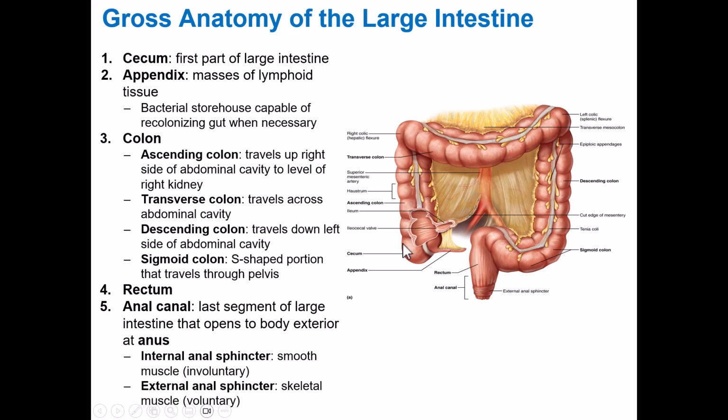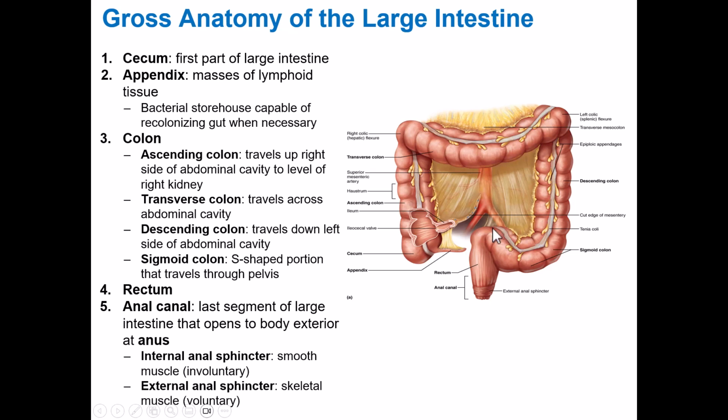Okay, the colon is really the main part of the large intestine. Often we use the terms large intestine and colon interchangeably, but really it starts after that cecum. We start with the ascending colon, the transverse colon, and then the descending colon. Then that descending colon starts to curve and becomes the sigmoid colon.